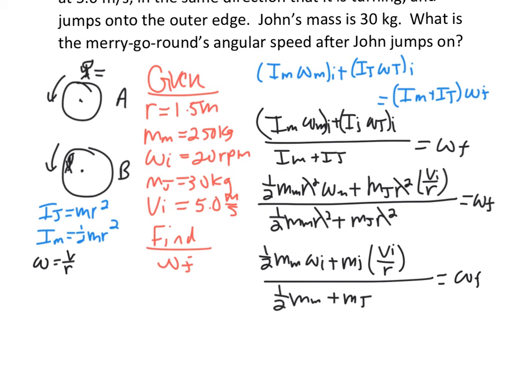So we just need to convert that to radians per second. So you would do 20 RPM times 2 pi over 60 seconds. And if you remember, I stored that 2 pi over 60 in my calculator as R, and I would suggest you do the same thing. So whatever this is, 40 pi divided by 60, that would be what we need to put in for omega initial.